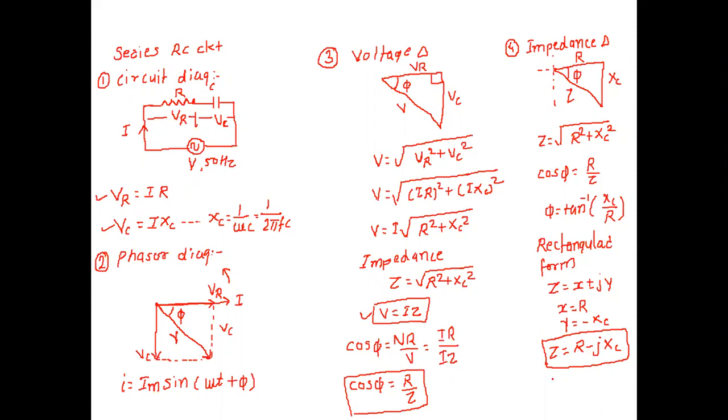It means that when it is written Z is equal to 10 minus j20, you can compare this equation with this box. This 10 will represent the value of R, and this 20, as it has the minus sign, is represented by XC, because the minus sign indicates the capacitive circuit.